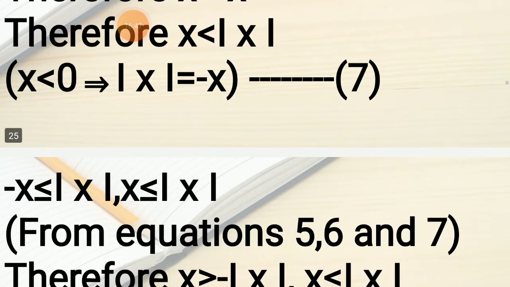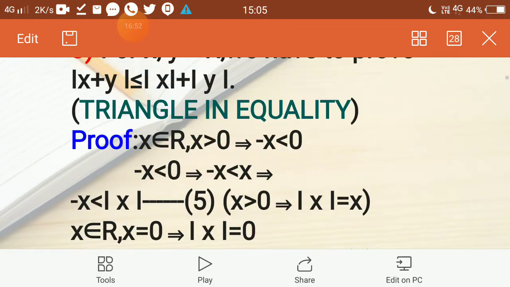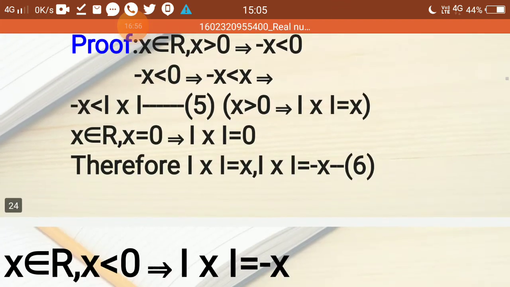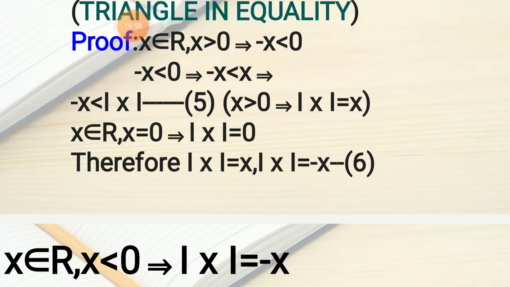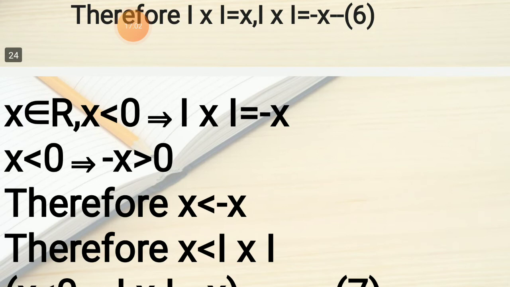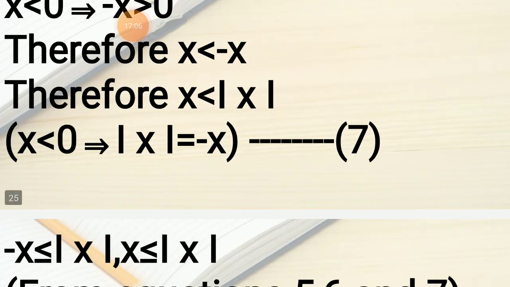This is the seventh equation. You observe three equations. Fifth equation: minus x less than |x|. Sixth equation: |x| equals minus x. Seventh equation: x is less than |x|.